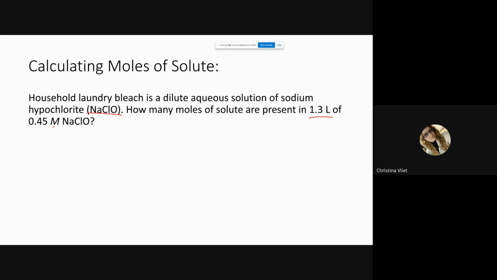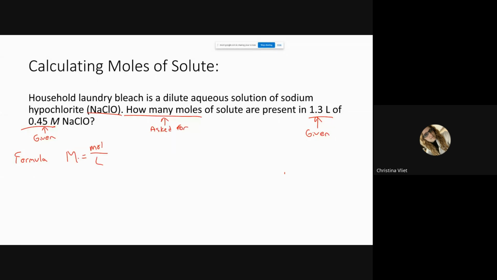Underlining my given. I'm underlining what I'm looking for. Notice that you're always given two things here. And this is because the molarity formula has 3 components. Our formula to solve molarity questions is M equals moles over liters.